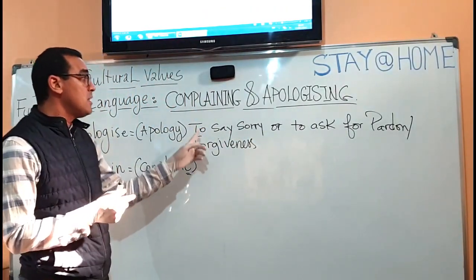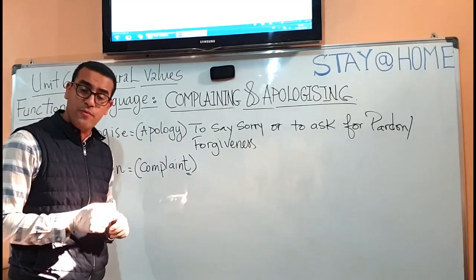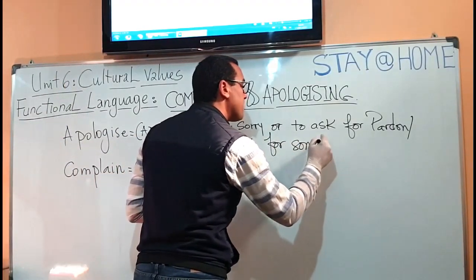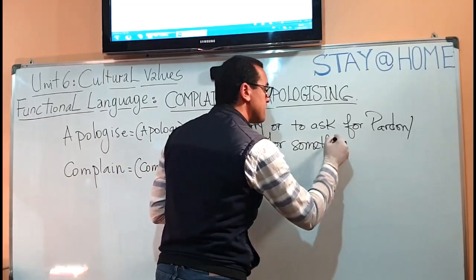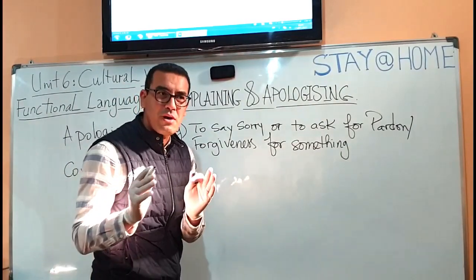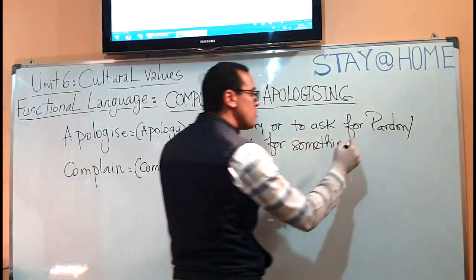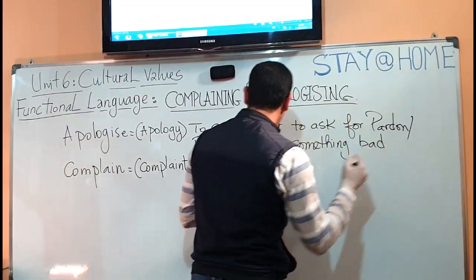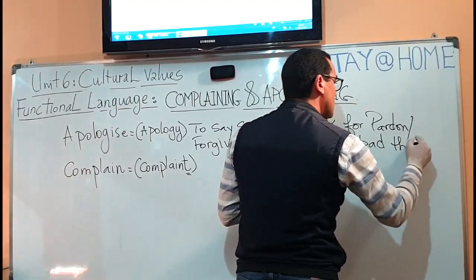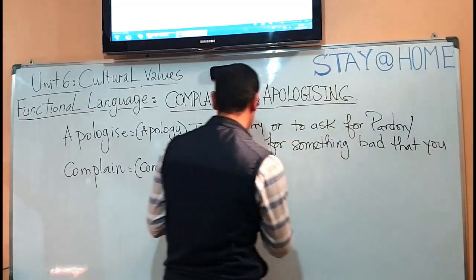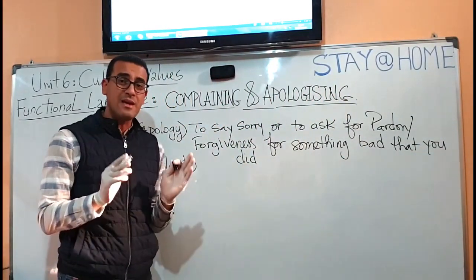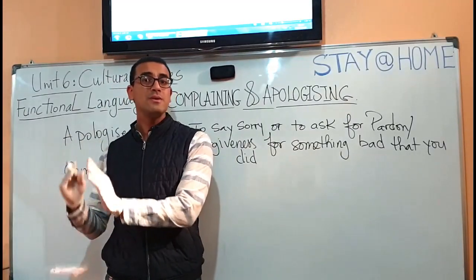So the answer is, you have to ask for pardon or forgiveness for something that is unacceptable. Let's say, between brackets, something bad, so you can understand the word. Forgiveness for something bad or unacceptable that you did.